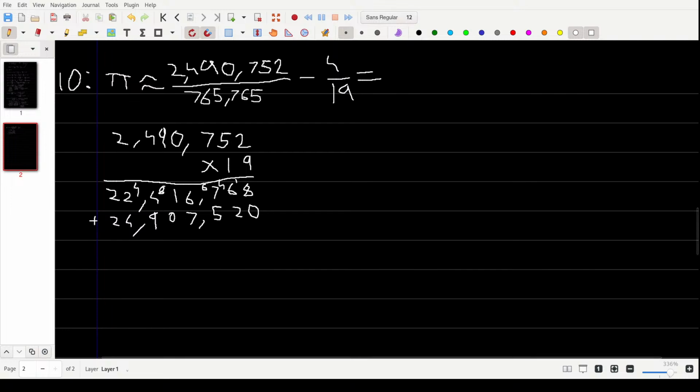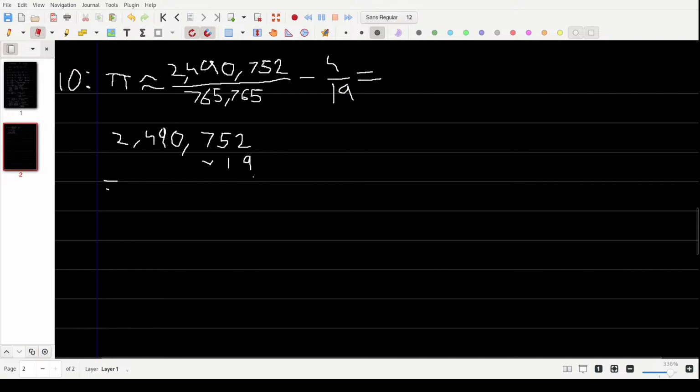I'm just gonna... This way's just gonna be way easier, so this times 20 is just gonna be... 4, 9, 8, 1, 5, 0, 4. Nope, that should be times 10 as well.